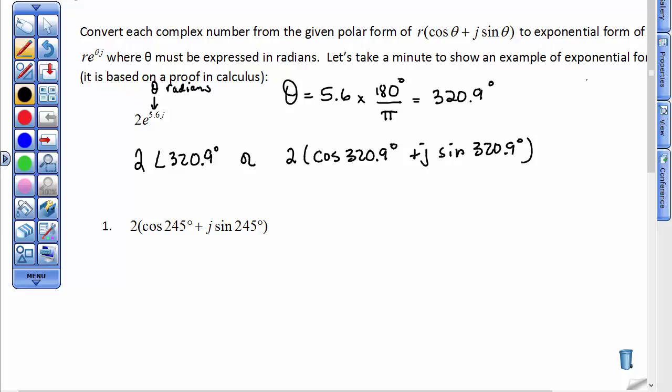There's not much to this, and this particular complex number would be located as a vector about here, and the length of this line would be 2, and this angle would be about 21 degrees, which is the same thing as 5.6, and I'm just going to put down here radians. So it was this number in polar form, and this is just what it looks like in exponential form.